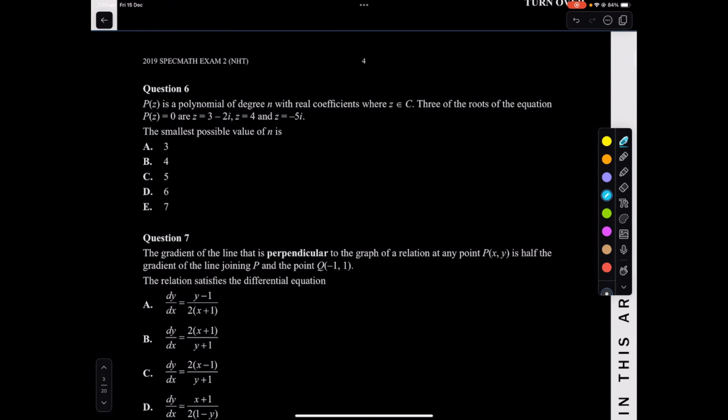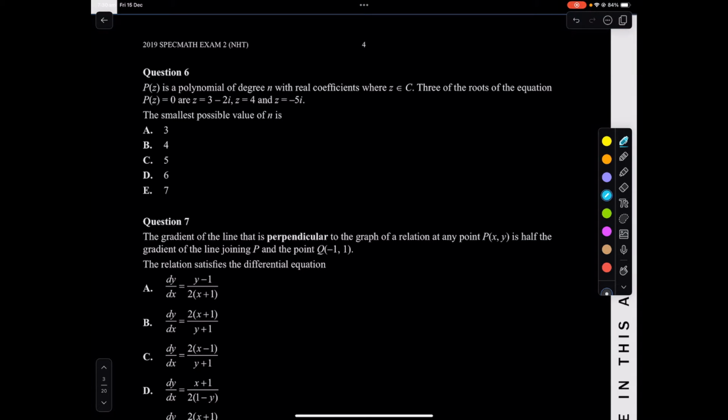Done. Question 5. P of Z is a polynomial of degree n with real coefficients. Aha, real coefficients. So what do we know? The complex conjugate root theorem applies here. Every time you hear the words real coefficients, always think complex conjugate root theorem.